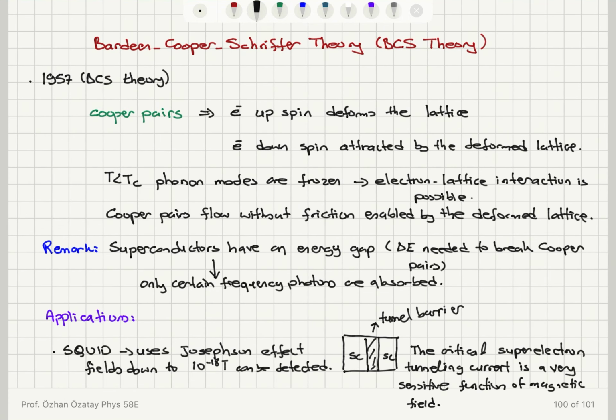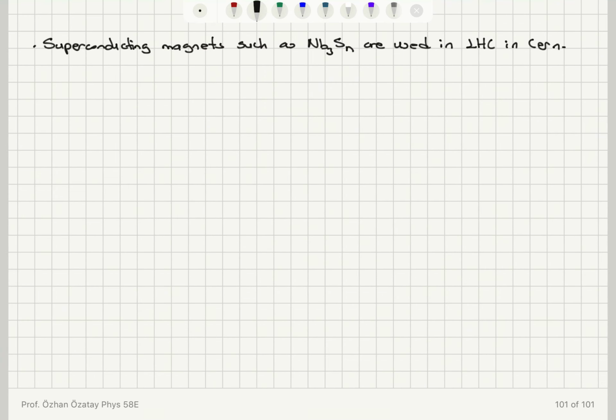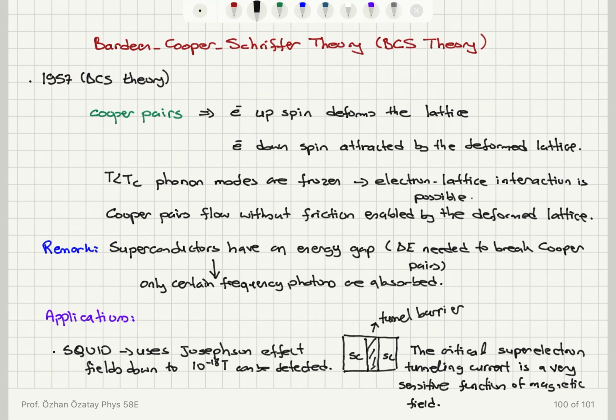So I'm going to give a link to a simple explanation with an animation of the Bardeen-Cooper-Schrieffer theory, and also a discussion of the superconducting magnets in CERN as well. So these are also useful in accelerator applications.